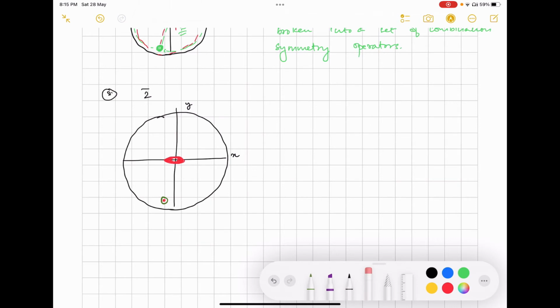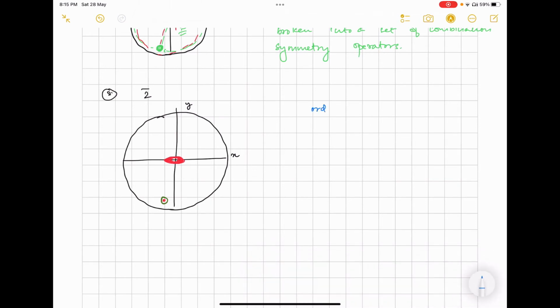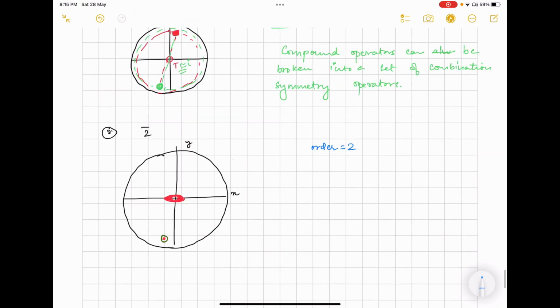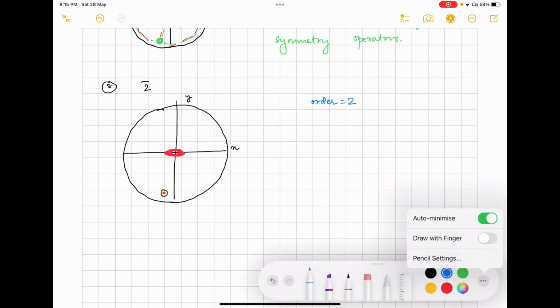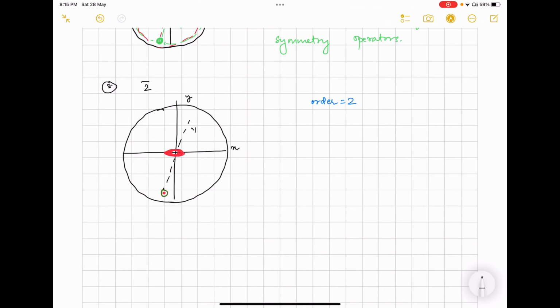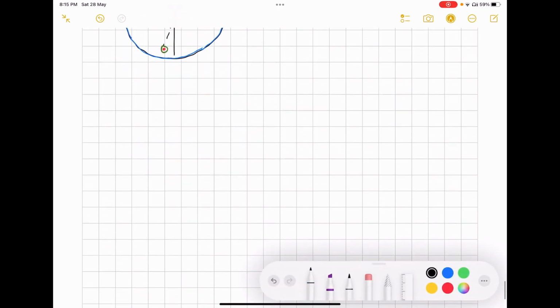Here the order of the point group is 2 since I get only 2 points. So now as you see, this can be said to be a horizontal mirror. So 2 bar is equivalent to a horizontal mirror, that is 1 by m, where this boundary acts as the mirror. So these are equivalent.